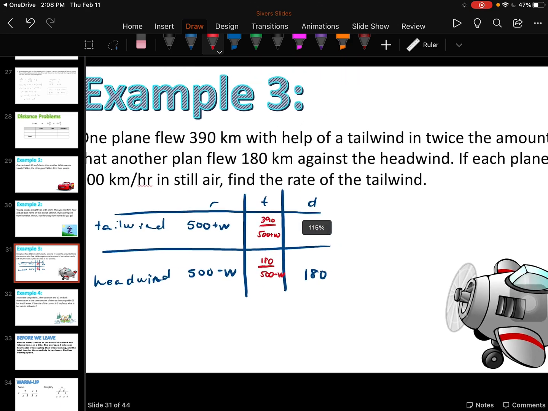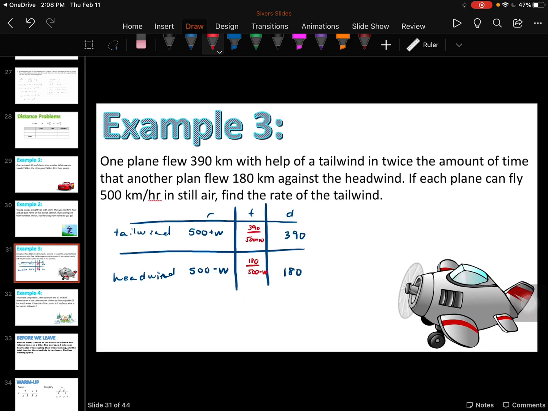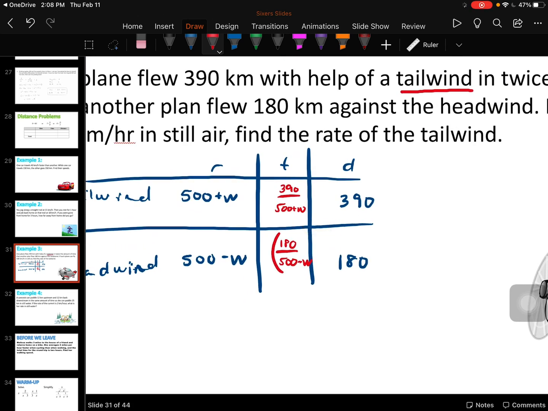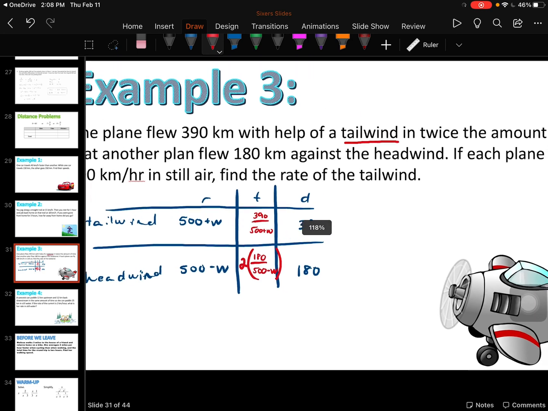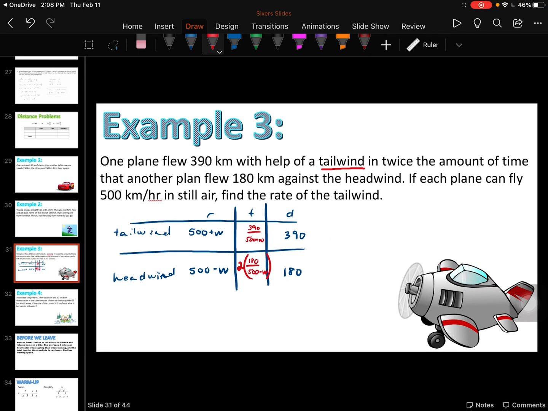But now remember, it said that the plane that had the tailwind traveled 390 kilometers in twice the amount of time. So I need to take this plane and double the time so that we can now set them equal, because this plane was only in the air for half the amount of time. So if I double this one, then they were in the air for the same amount of time.